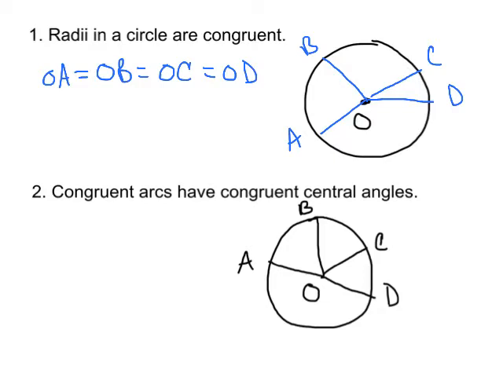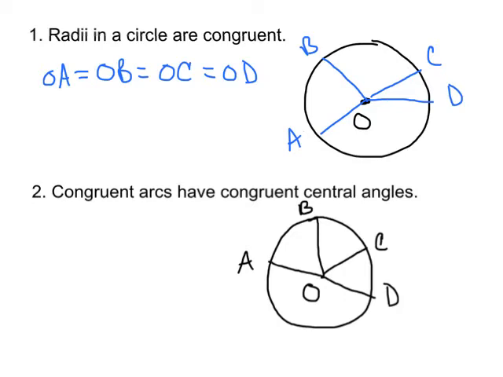Okay, the second theorem is the fact that congruent arcs have congruent central angles, and you have to be careful. The central angle means it starts in the center. We usually label our circle with the center value, so this is circle O, and these angles are all coming from the center.